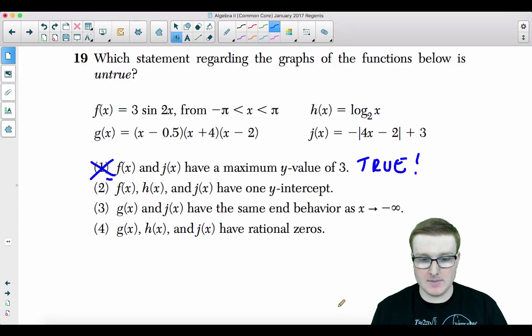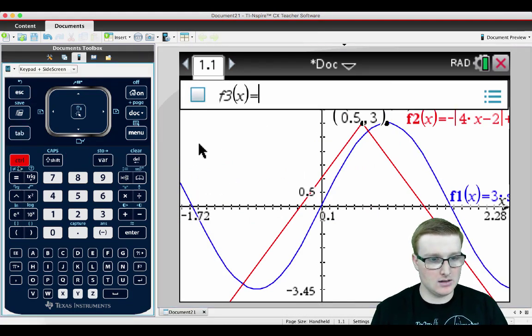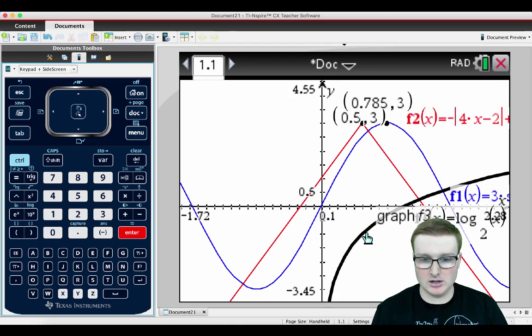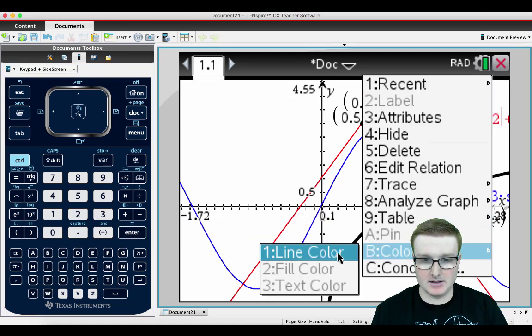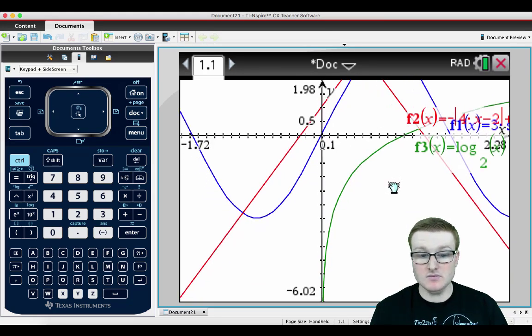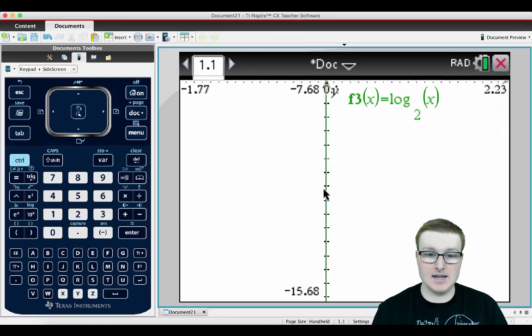H of x is log base 2 of x. I'm going to change the color just so you can see it a little bit better and make it green. Okay? So we have this. Does this have a y-intercept? It does not, folks.